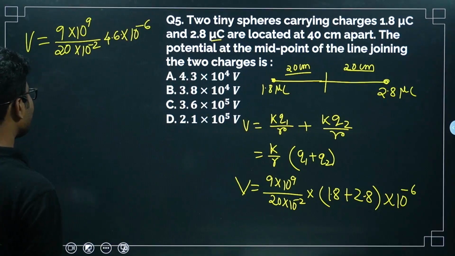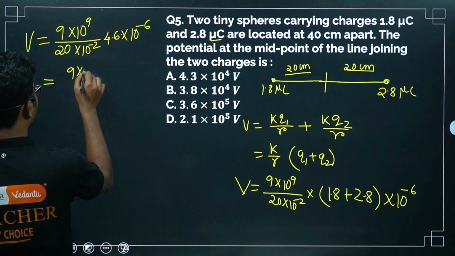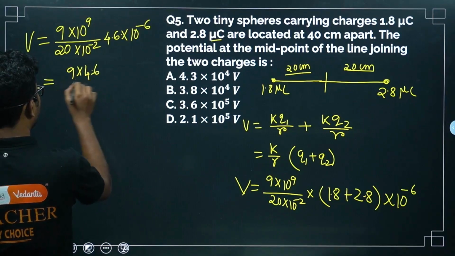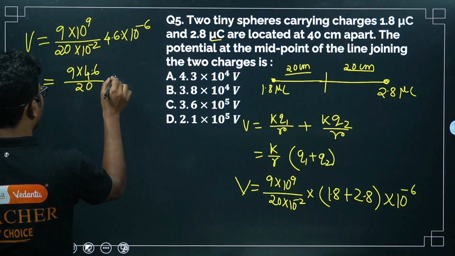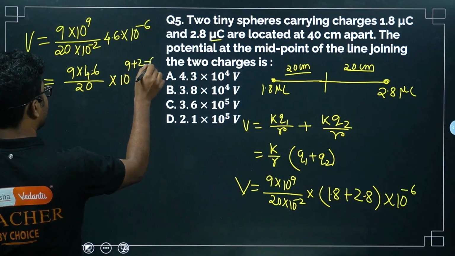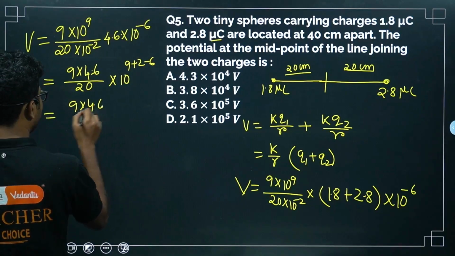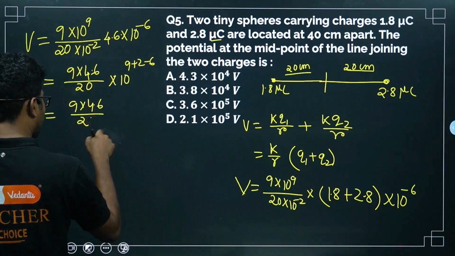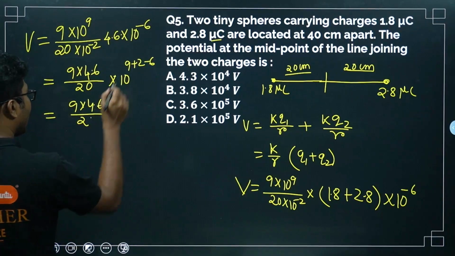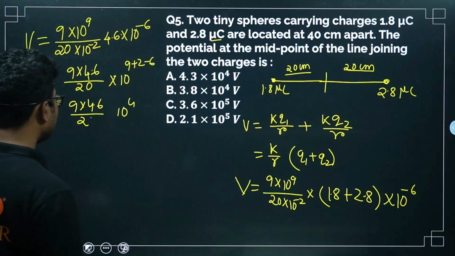Okay, now let's calculate the powers of 10 first. The powers of 10 will be 9 times 4.6 divided by 20 times 10 to the power of 9 plus 2 minus 6, that is 10 to the power of 5. So 9 times 4.6 divided by 20, and we can remove the 0 and make it 10 to the power of 4. Okay, so this is the basic thing.